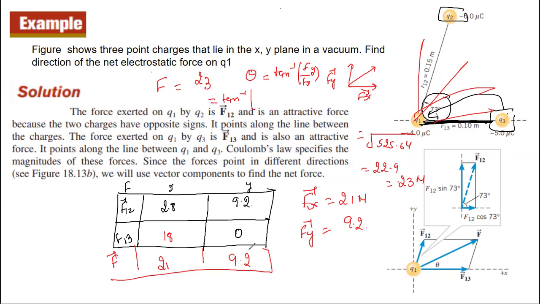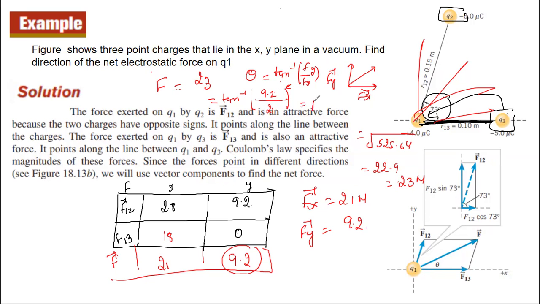What is Fy? Wherever I say Fy, sorry about that, it is 9.2. I don't want to go into details and confuse you, but it is just Fy, the force in the y direction, so 9.2, and Fx is 21. Let me do that math real quick. I'm going to divide 9.2 by 21, which is 0.438.